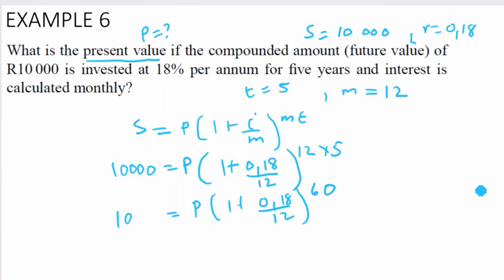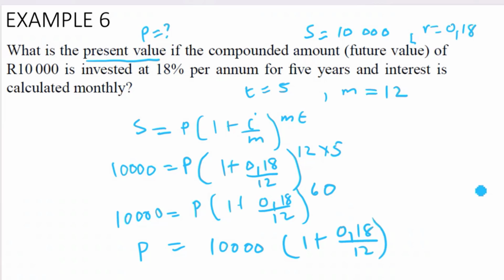So this is 10,000. Okay, so now to calculate this, you are going to have your P. Your P is going to be equal to 10,000 into 1 plus 0,18 over 12, to the inverse of this exponent, which is negative 60.